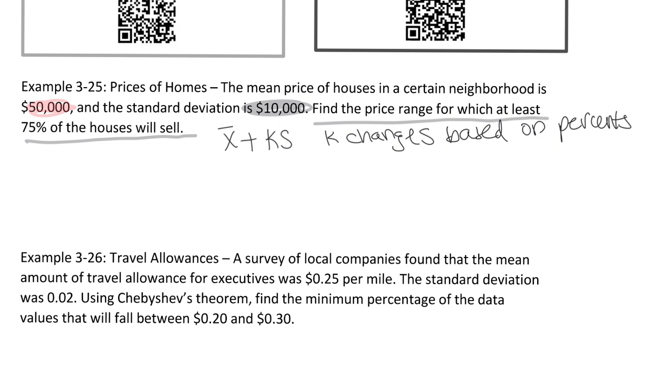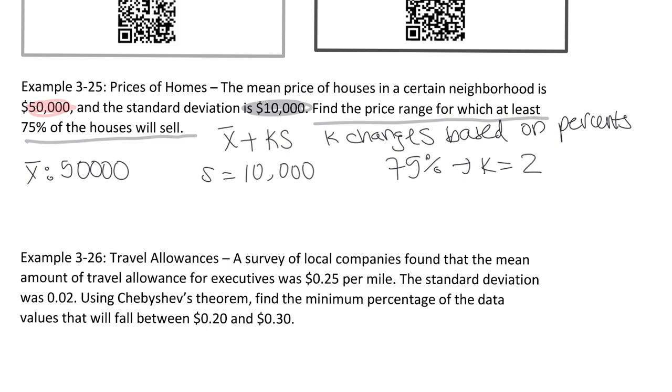In this case, because it's 75%, again, it would be 2. So we have our average, which is 50,000. And then our s is our standard deviation, which is 10,000. And they are asking us about 75%, so in this case, k equals 2.